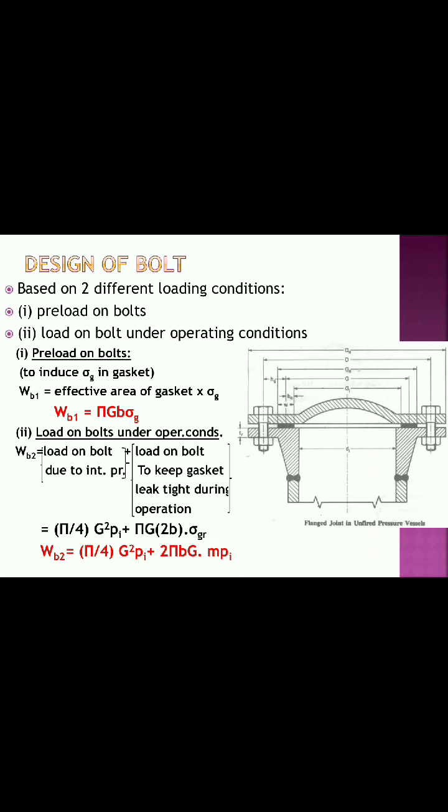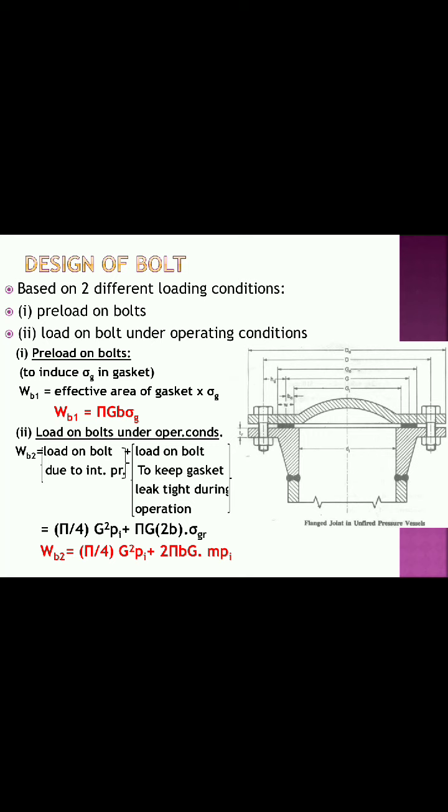So the design of bolts will be considered for preloading and load on the bolt under operating condition. Preloading, you can consider as WB1 is equal to pi G B into sigma G, where the effective area of gasket into sigma G is to be considered. Now the second part, load on bolts under operating condition. So WB2 is equal to load on bolt due to internal pressure plus load on bolt to keep the gasket leak tight during the operation.